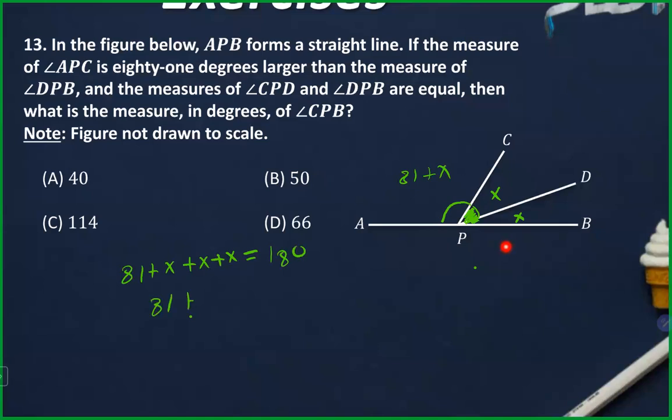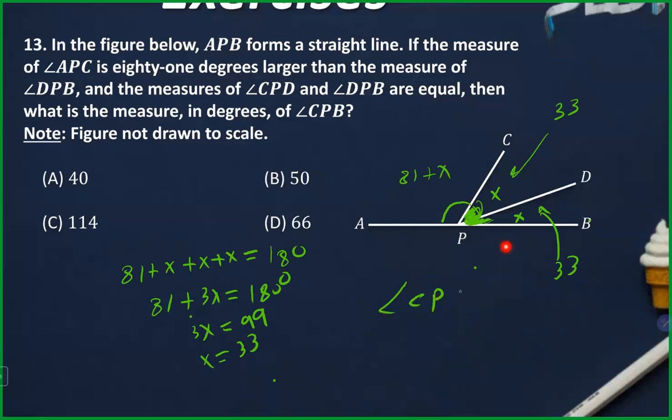So 81 plus 3x equals 180, so 3x equals 99, so x equals 33. If this one is equal to 33, the other one here is also 33. And the total angle, angle CPB, equals 66 degrees.